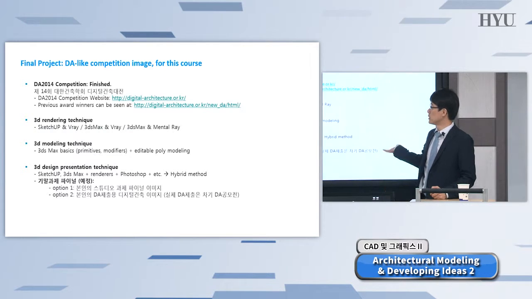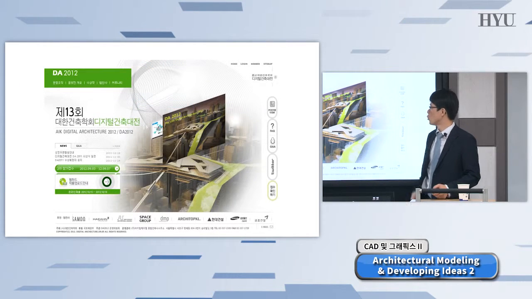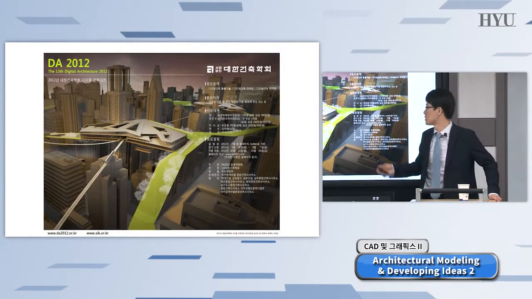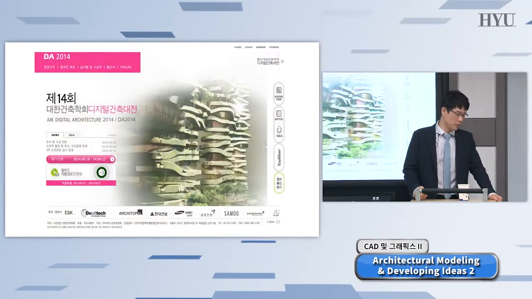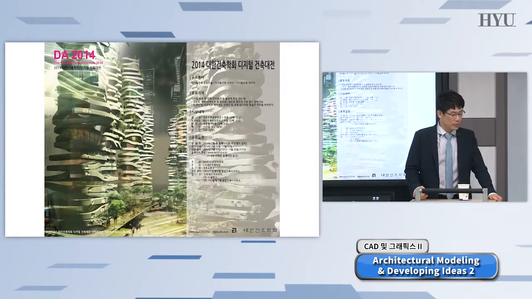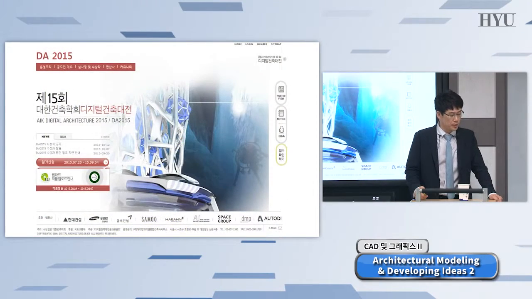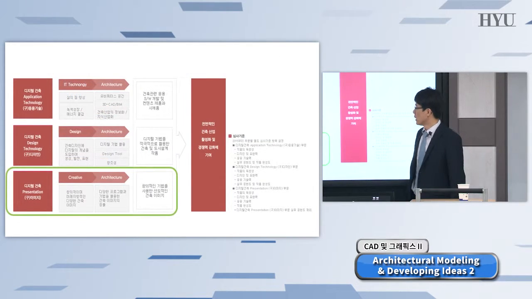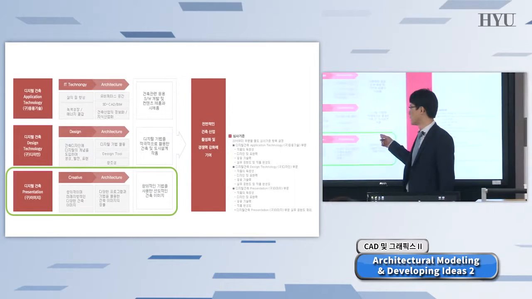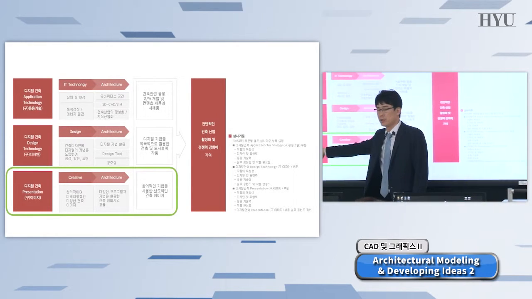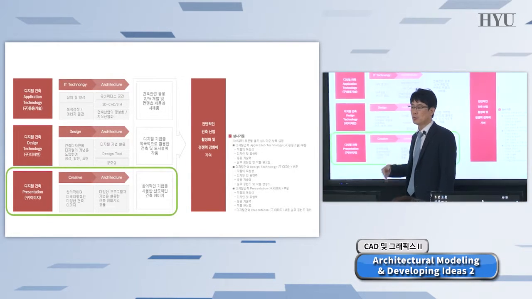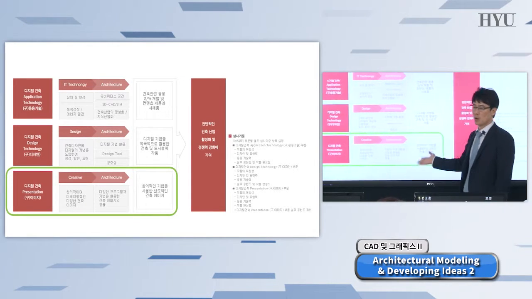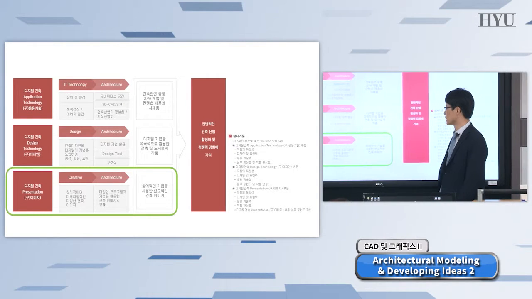Regarding this competition, you can figure out what the possible final project images and design representations are. For example, this one, it's kind of old, but anyway, last year's and this year's competition, brief overview. And what I told you last week is this area, digital architecture presentation. So how to present, what to present, that's the topic for your final project, okay?